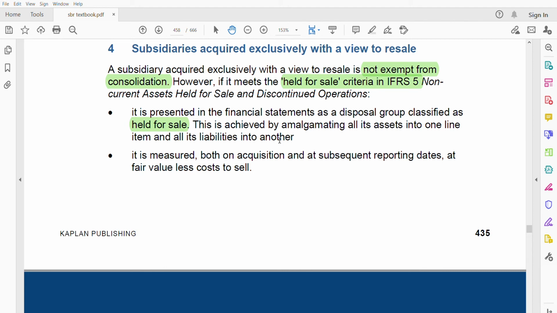So you add all assets and all liabilities. It is measured both on acquisition and at subsequent reporting dates at the fair value less cost to sell, because of IFRS 5.